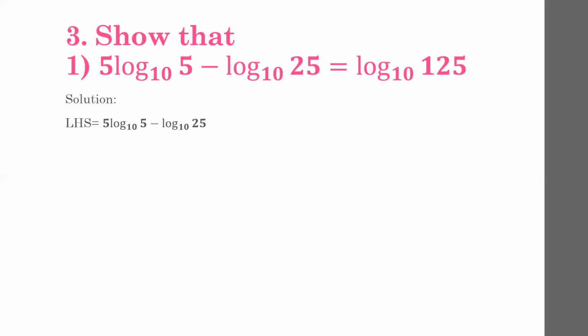So doing that, 5 log 10 base 5 will be replaced by log 10 base 5 to the power 5, minus the second part. We can rewrite 25 as 5 square. So minus log 10 base 5 square, as log a m to the power r equals r log a base m.